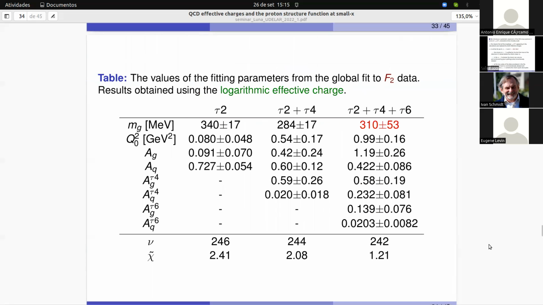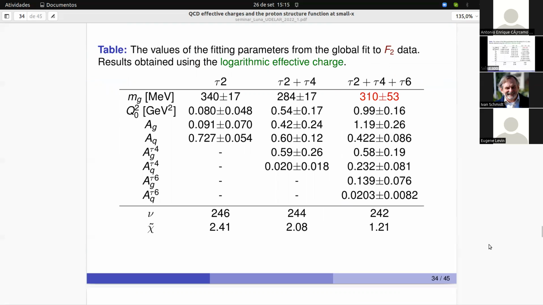And here I have the first results for the description of the structure function. Here we see the results taking only the leading twist, here the leading twist plus twist 4, and here taking the three terms: leading twist, twist 4, and twist 6.